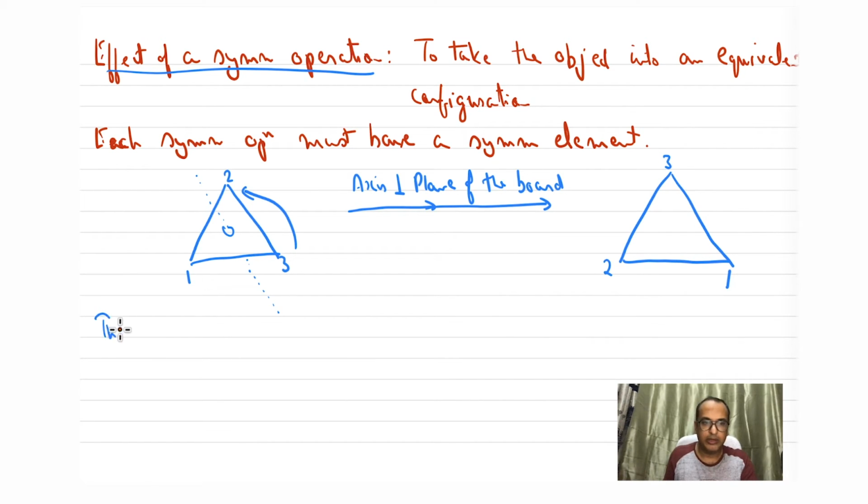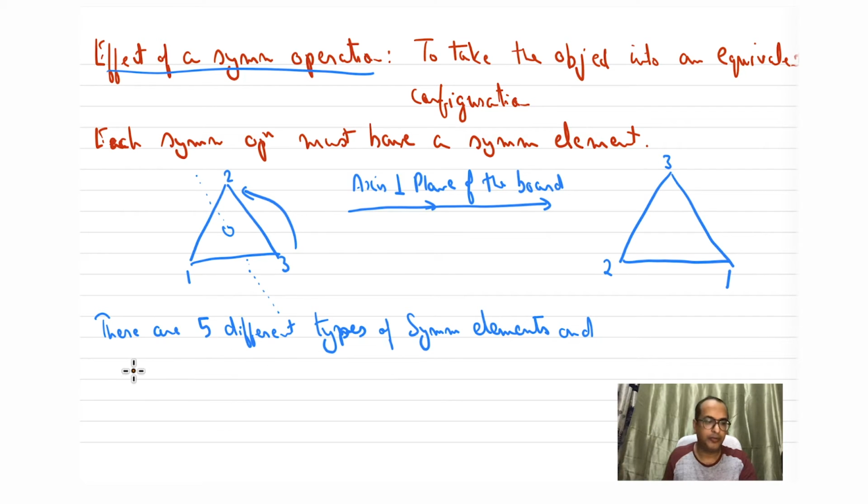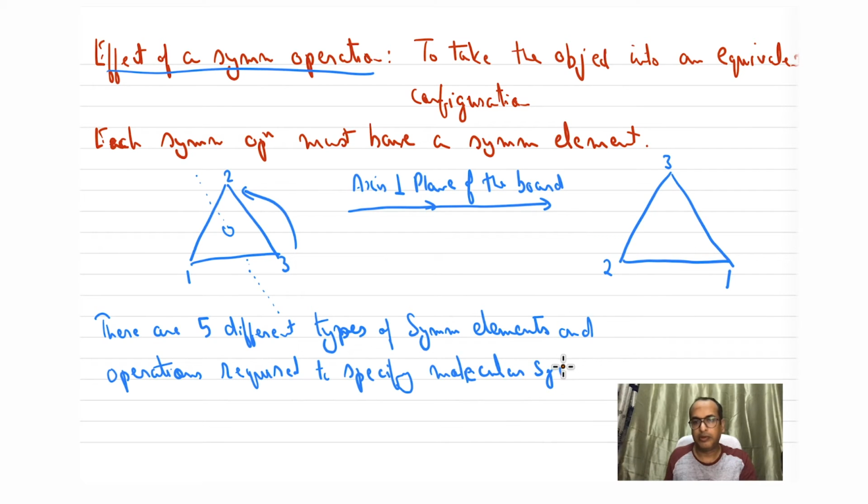Okay, so there are 5 different types of symmetry elements and corresponding operations which are required to specify molecular symmetry.